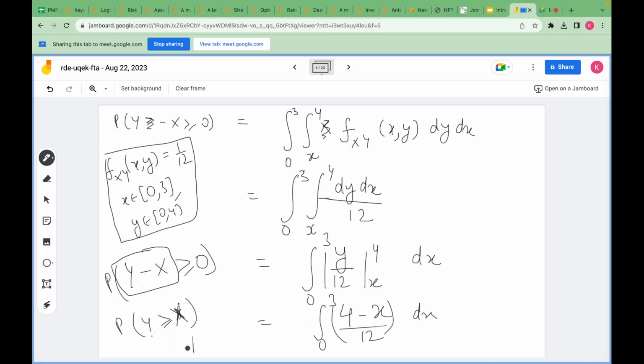And y is varying from 0 to 4. But now whatever will be the value of x, y will be varying from x to 4. We want that the value of y should be greater than x, because we want the arrival time of bus A is x.